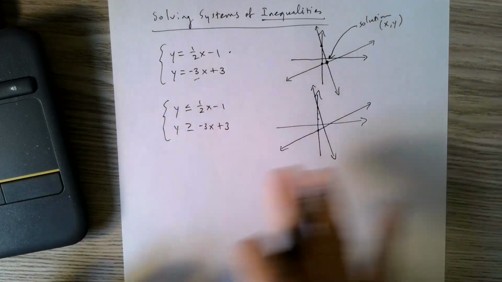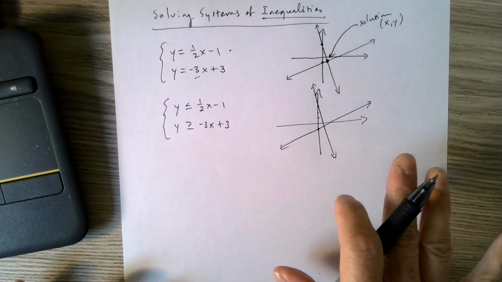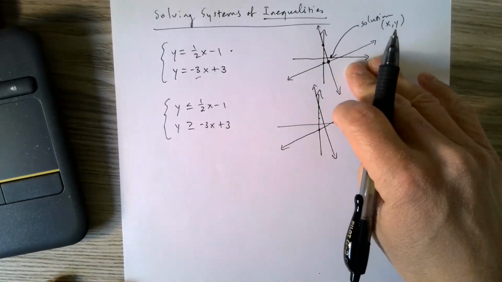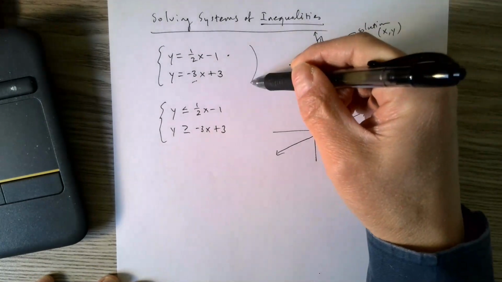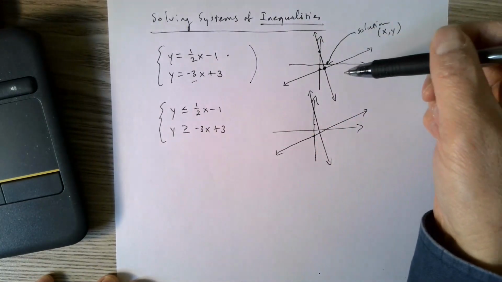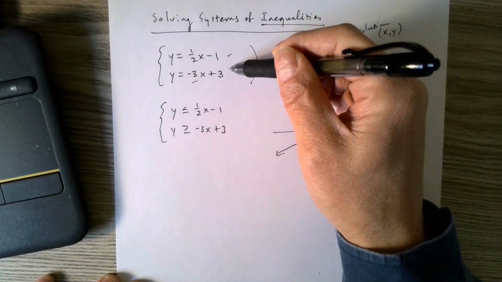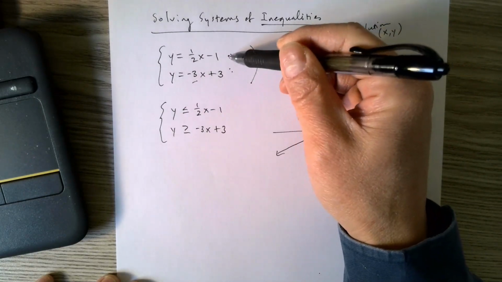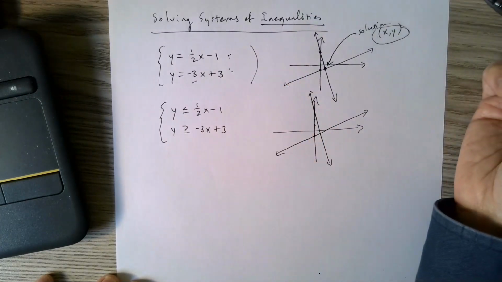But here's where solving the system of inequalities diverges from what you would do here. In a system of equations, you would use substitution or elimination or even determinants in some cases to find the solution x comma y.